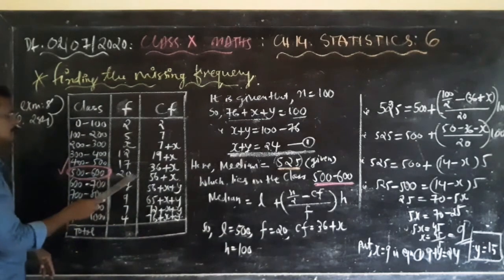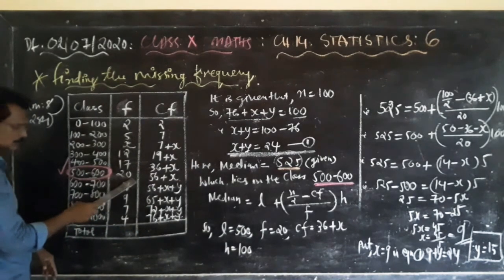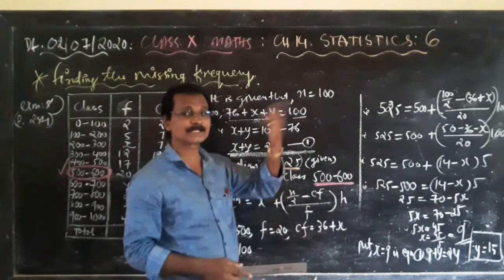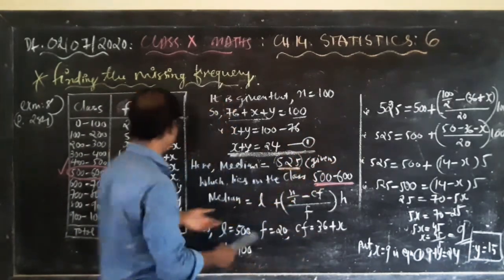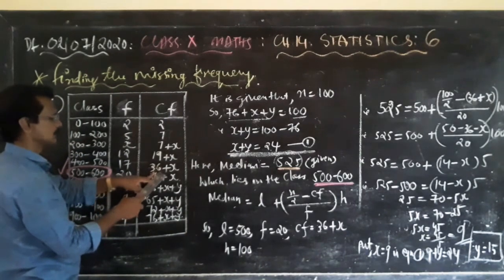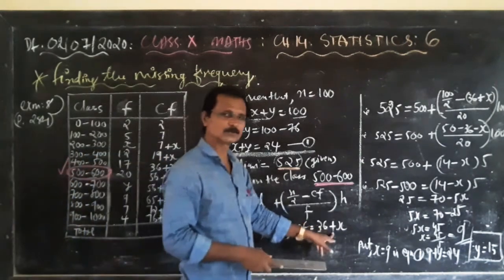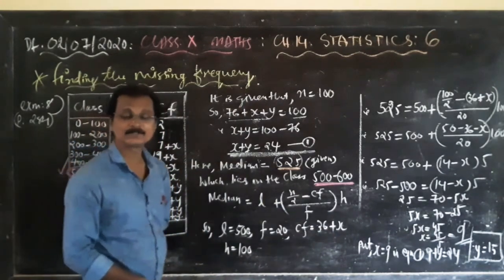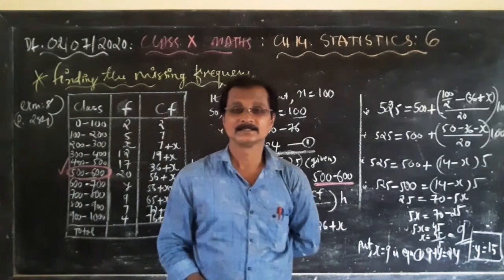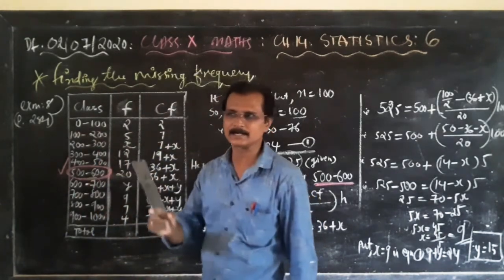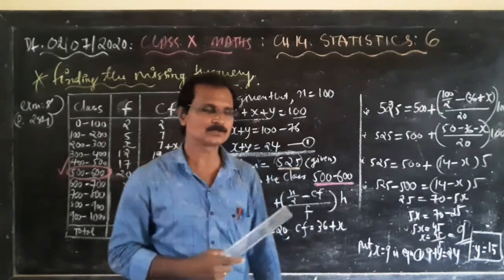CF means the cumulative frequency of the preceding class, that is 36 plus x. H means the height of the class. Classes are 0 to 100, 100 to 200, so H equal to 100.